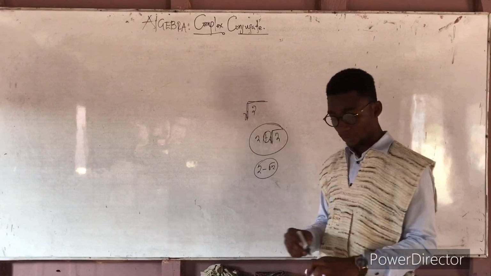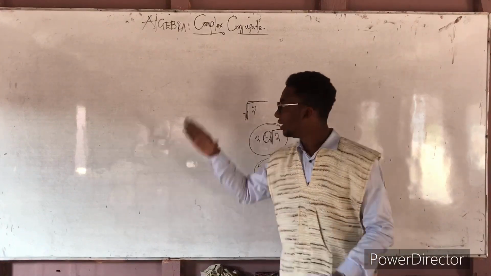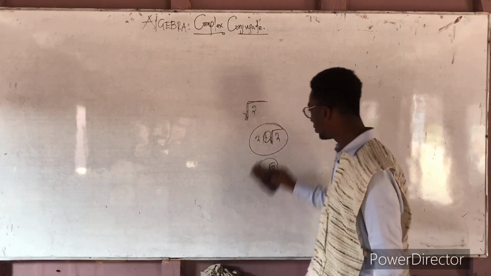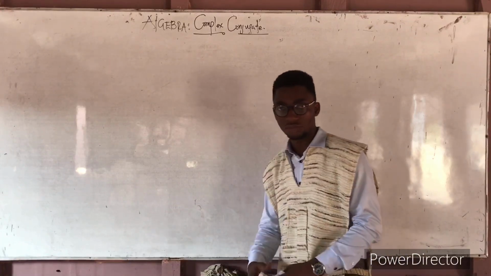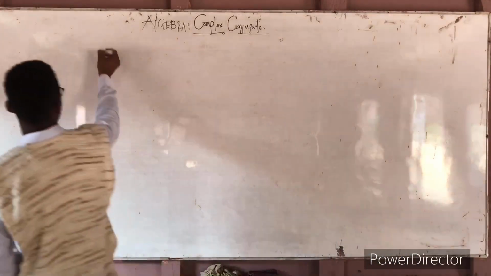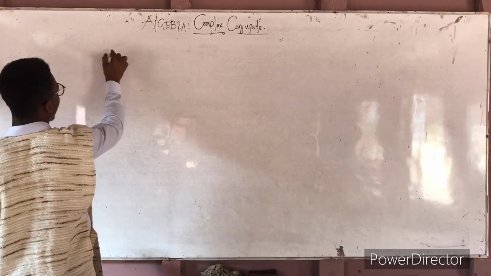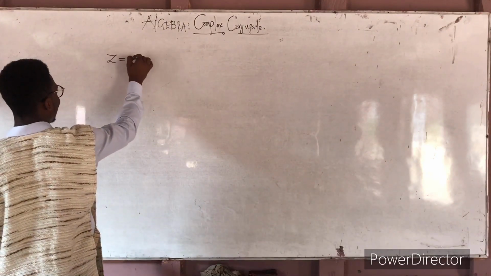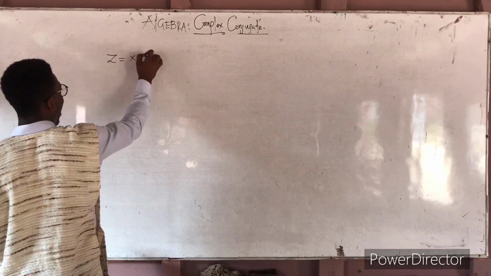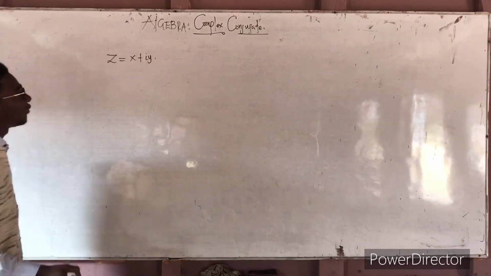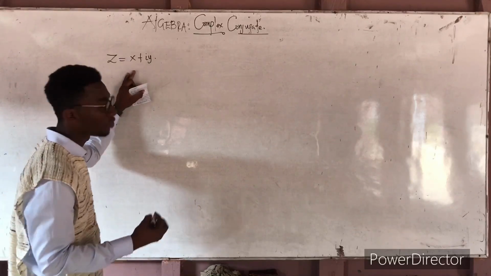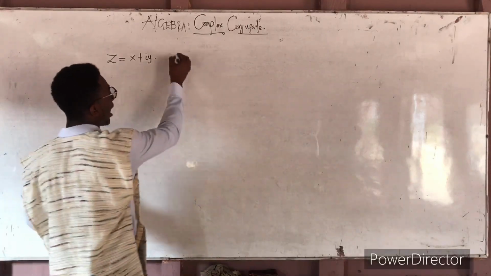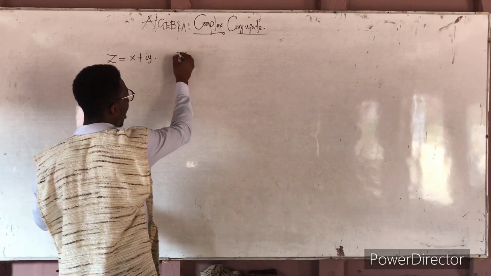Now, in complex numbers too, there are ways to find the conjugate of a complex number. Let's take, for instance, a complex number z equals x plus iy. If you are asked to find its complex conjugate, it is denoted by z bar.